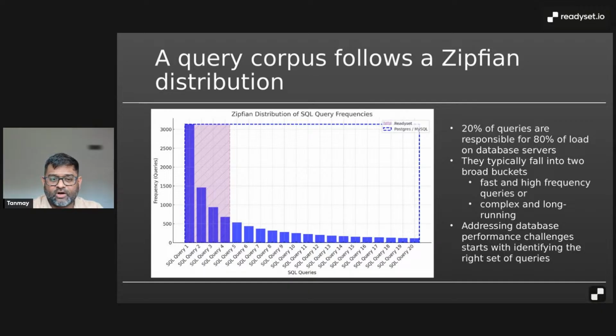These broadly fall into two buckets: high-frequency short queries that overwhelm with volume, and complex long-running queries that tie up the compute. Yet, many teams still take a reactive or anecdotal approach to performance, reacting to incidents rather than proactively identifying systemic load patterns. That's what we're here to shift.